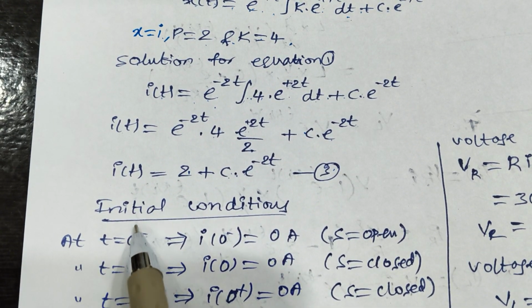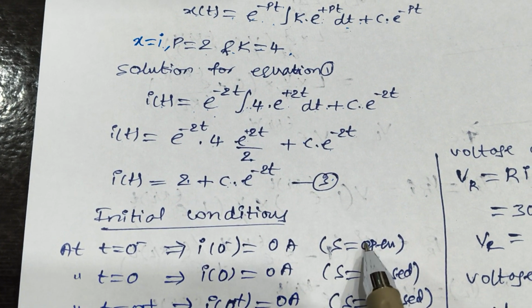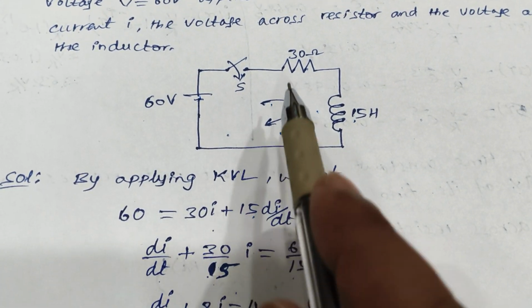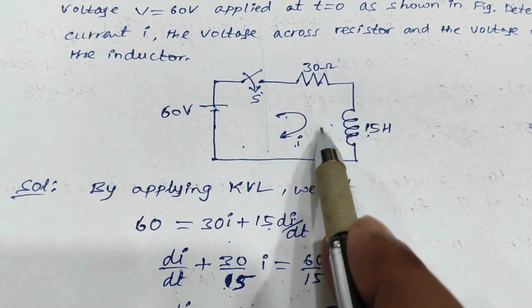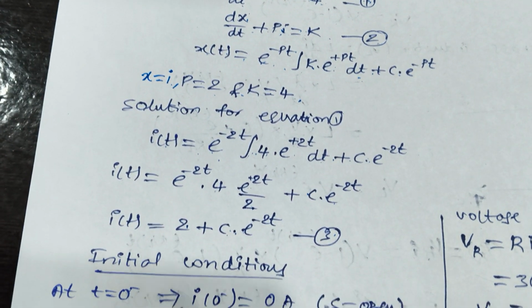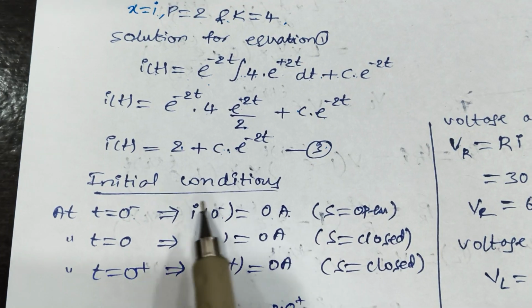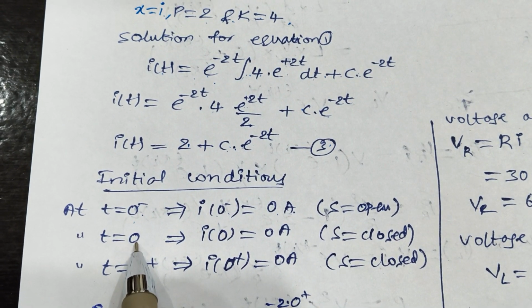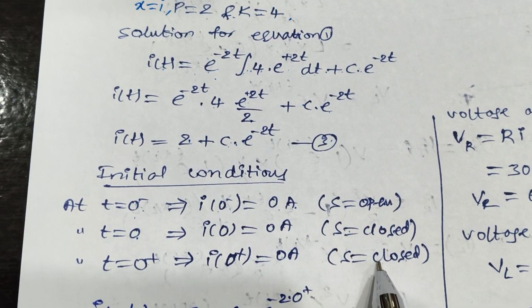At t is equal to 0 minus, earlier or in the past, the switch is open in this circuit. When the switch is open, the current flowing through this inductor or loop current is equal to 0. That's what I have mentioned. i of 0 minus is equal to 0 ampere. When the switch is closed at 0 seconds, the switch remains closed at 0 plus also.